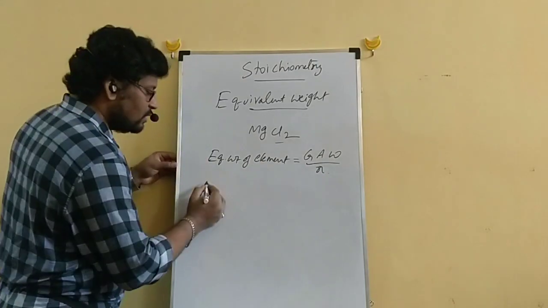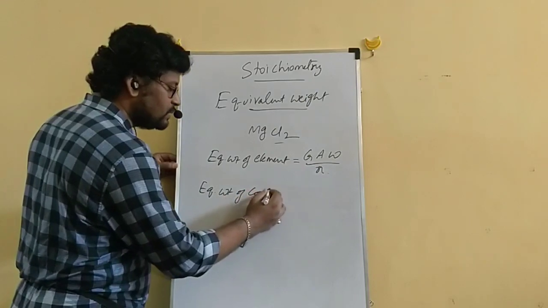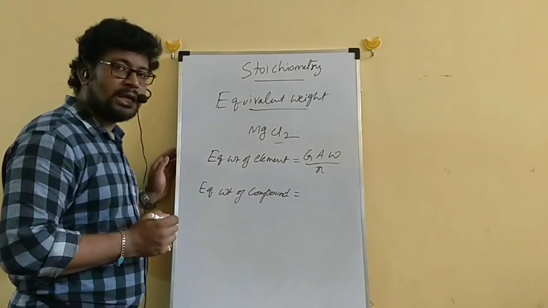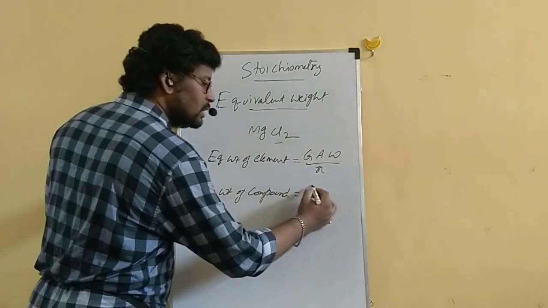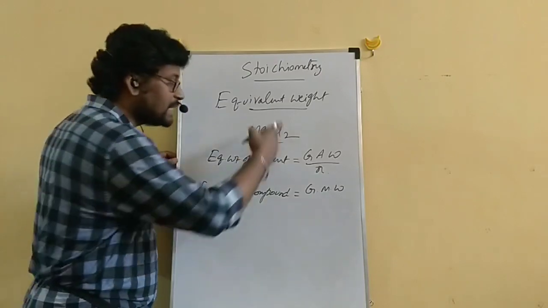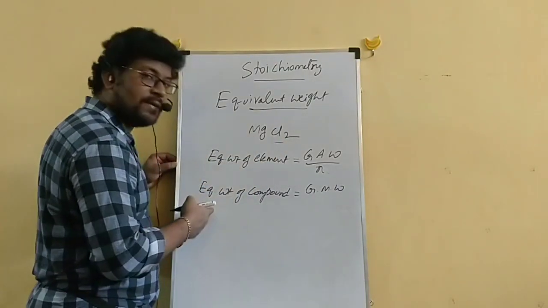In the same way, we can write equivalent weight of compound is equal to gram molecular weight of the compound. Let us consider this MgCl2 only. We want to know the MgCl2 equivalent weight.